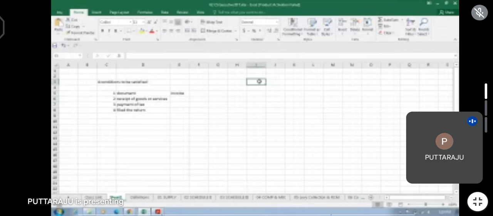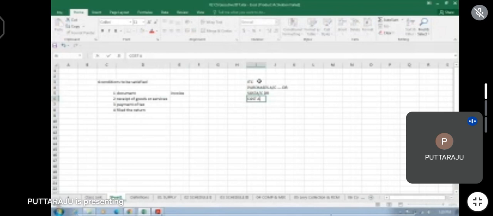Before going to that, ITC means when you purchase any goods, your purchaser's account gets debited. Whatever the GST you have paid, GST account is debited.